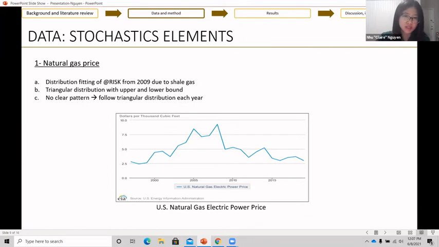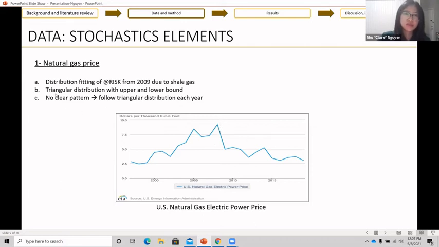So as you can see in the graph here, the natural gas price, at least in the US, doesn't follow any trend, no persistently up or down. But from 2009, there is a drastic change in the price and later on. And so that is partially due to the boom in the shale gas. And so in order to project the natural gas price, we first use the distribution fitting feature of @Risk from 2009.